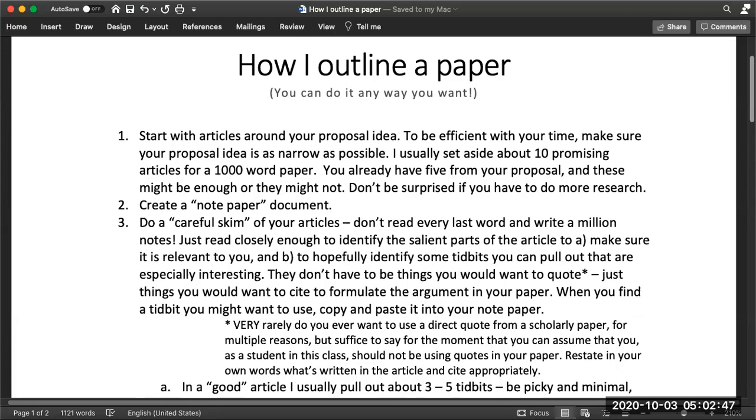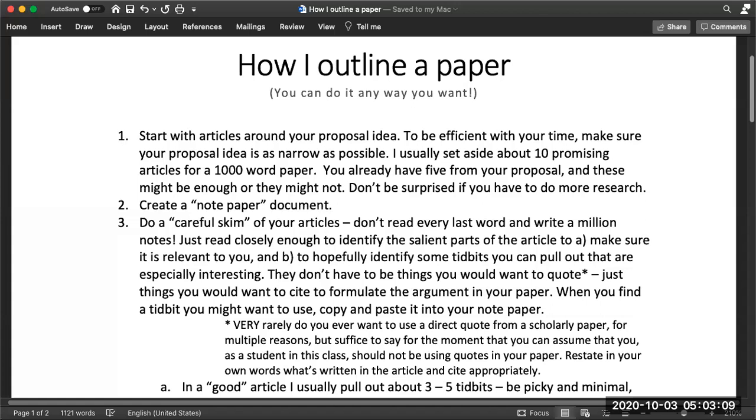So the first thing you do is start with articles around your proposal idea. You've already submitted your proposal and had it back to you. To be efficient with your time, make sure that your proposal idea is as narrow as possible. If I didn't think that your proposal idea was narrow enough, I did say so in your feedback.